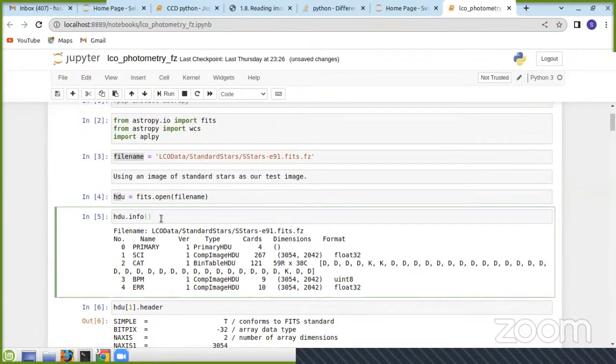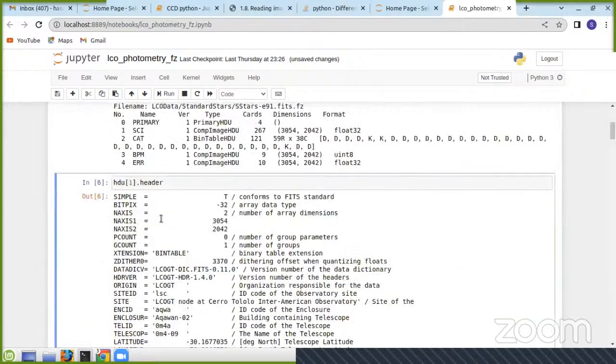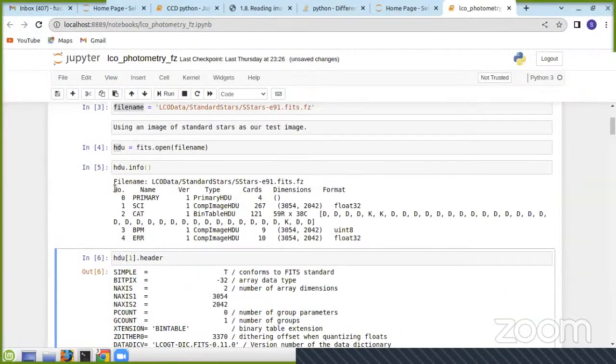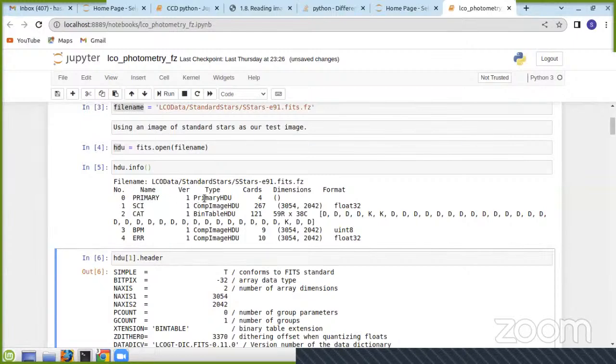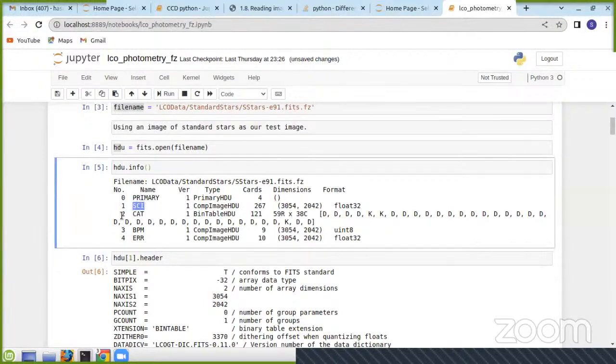When I do hdu.info(), you will see this information which shows that it has 0, 1, 2, 3, and 4 stacks in it. 0 is the primary HDU. Then 1 is the SCI, the science image.